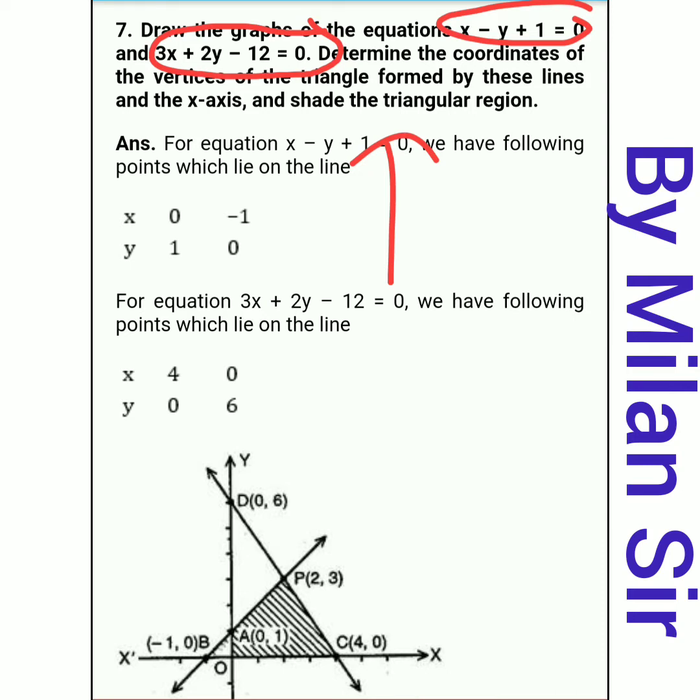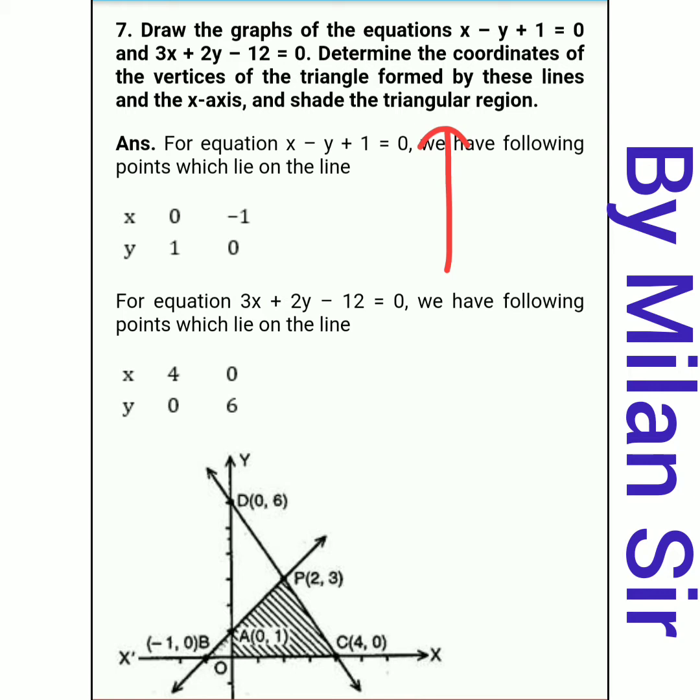Determine the coordinates of the vertices of the triangle formed by these lines and the x-axis, and shade the triangular region. So first of all, we need to form the triangle.